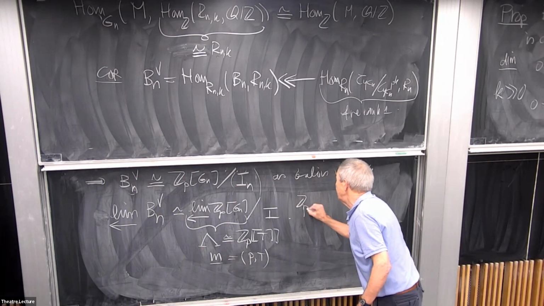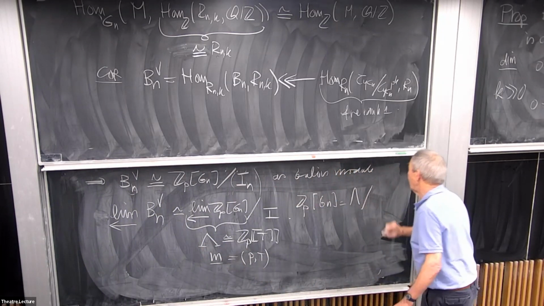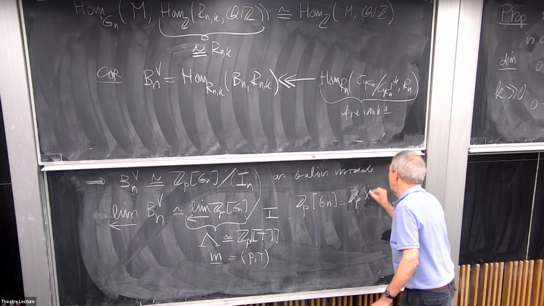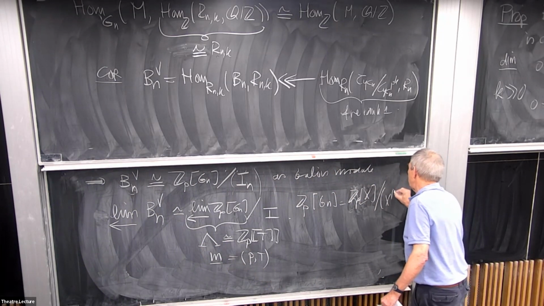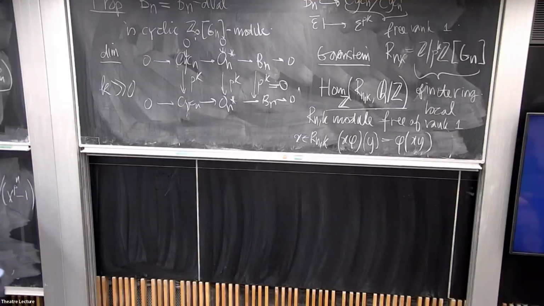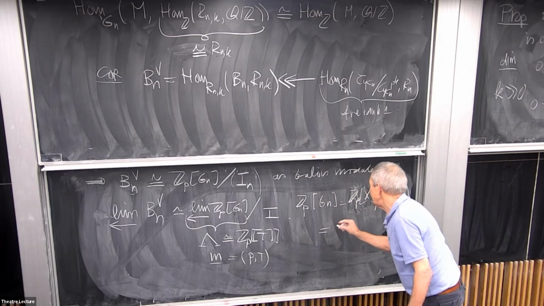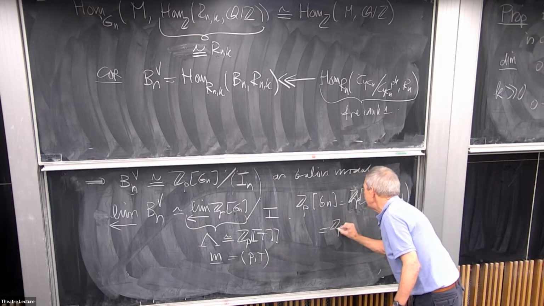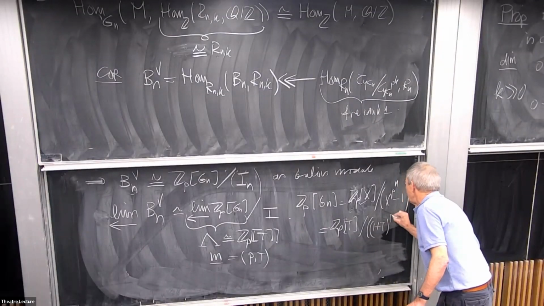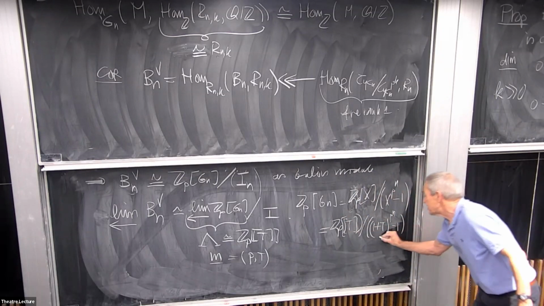Zp Gn you can write as Lambda modulo an element, that is, you can write it as Zp[x] modulo x to the p to the n minus 1, because this is a cyclic group of order p to the n. And then if you shift the variable to put the maximal ideal here, this is also a local ring, you get Zp[T] modulo (1 plus T) to the p to the n minus 1. So it's the same, and this element is called omega n.